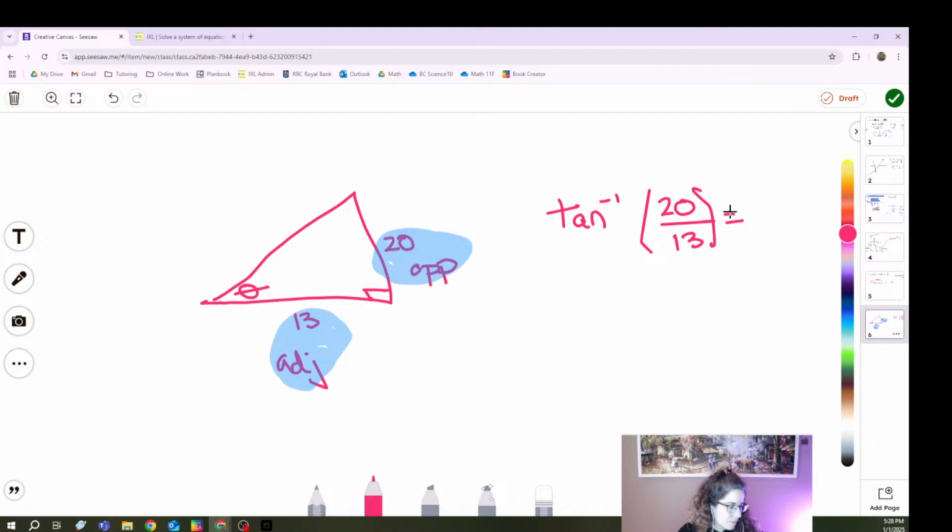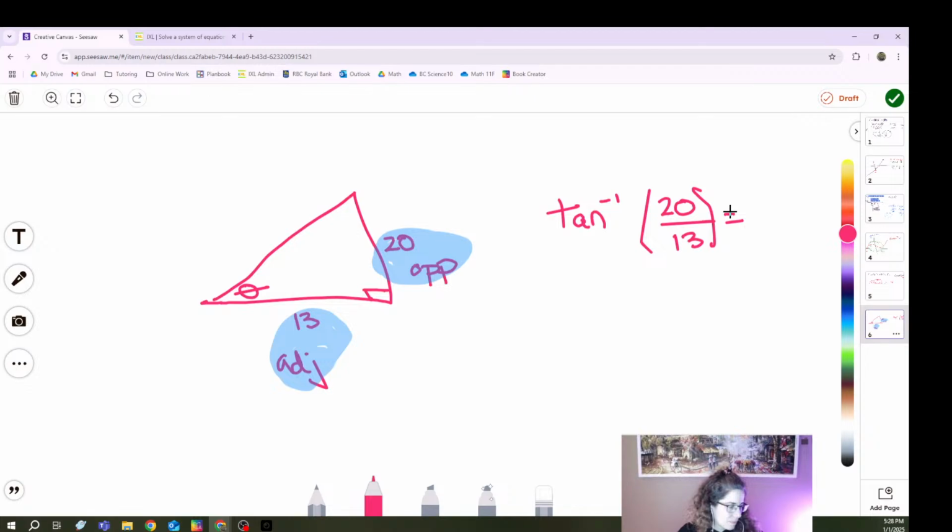What is the other angle in this triangle? You found theta. What is the angle in this corner? What is a triangle?